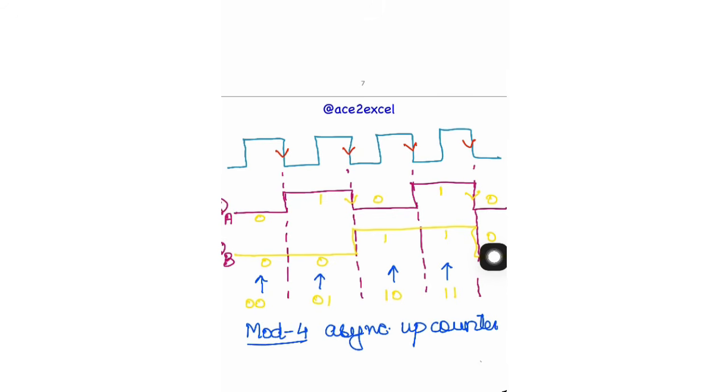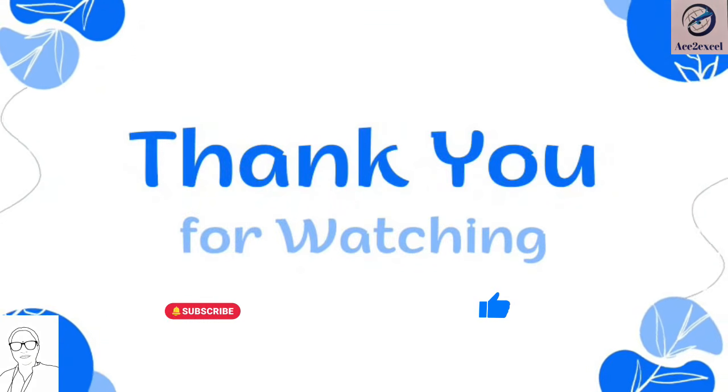Mod 4 means it is a 2-bit asynchronous up counter. To be highlighted, asynchronous means first flip-flop's output is acting as a clock to the second flip-flop, that is the upcoming one.